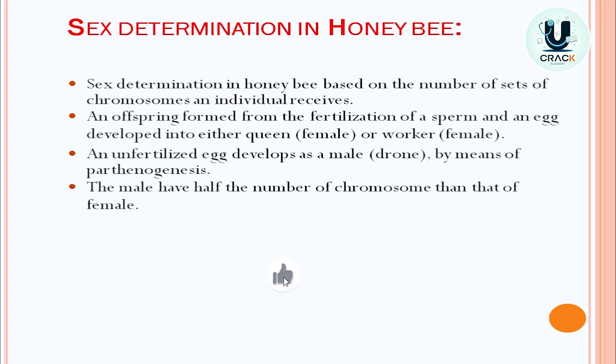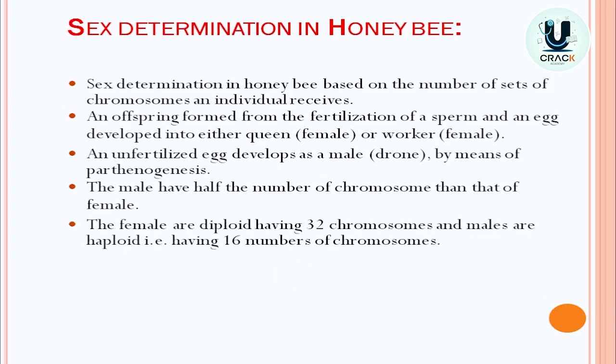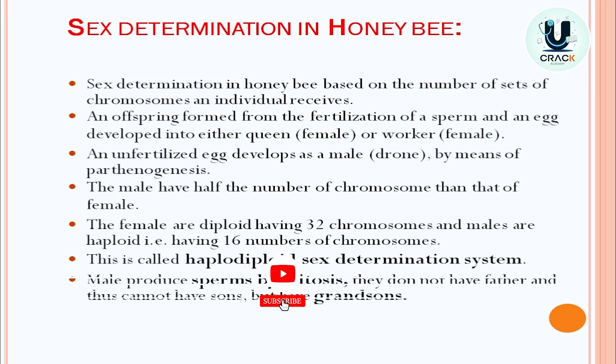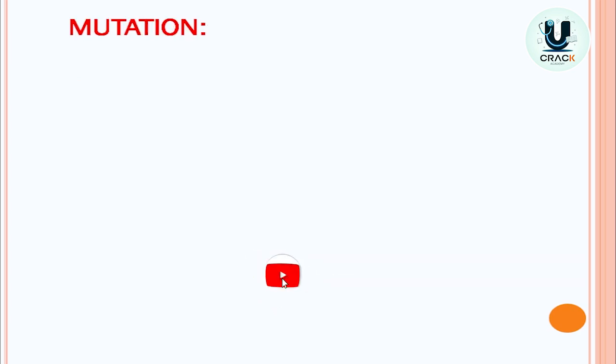The male has half the number of chromosomes of the female. Females are diploid, 32 chromosomes, and males are haploid, 16 chromosomes. So this is the haplodiploid sex determination system. Here the male produces sperm by mitosis and does not have a father, and thus cannot have sons, but they have grandsons.